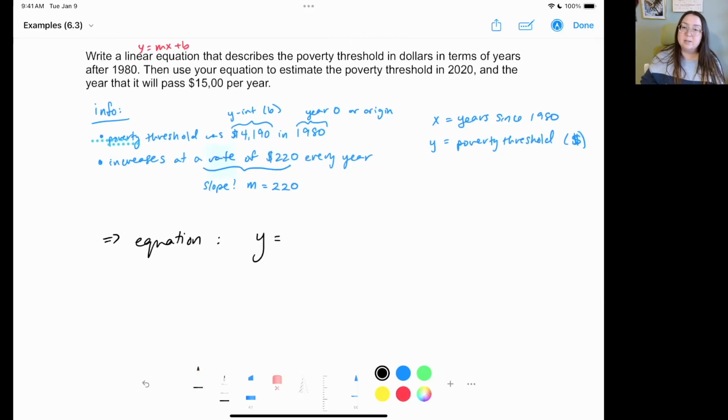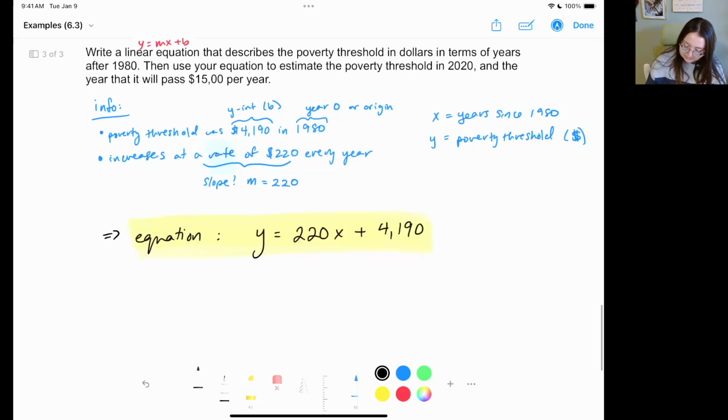So y is equal to m, which we said was 220, times x, plus b, which we said was 4,190. So we get our equation, which was part of our answer there. And now we're going to use this equation to estimate the poverty threshold in 2020 and then the year that it will pass 15,000 per year.